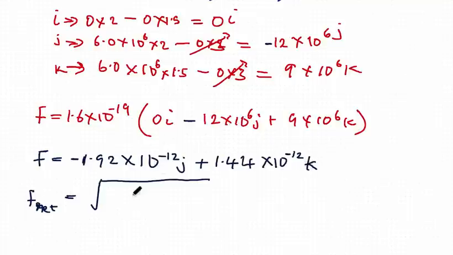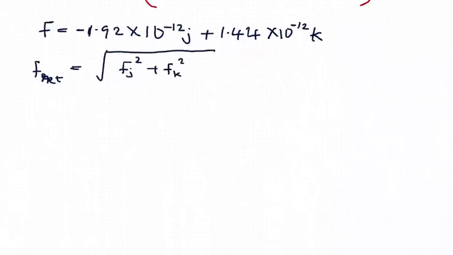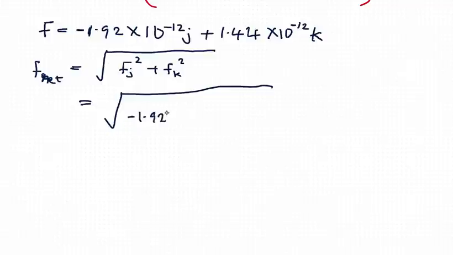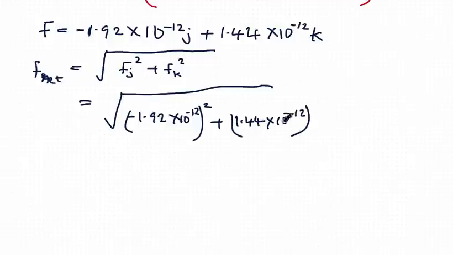So for us to find the net force, we can say Fj squared plus Fk squared. So the net force is equal to the square root of minus 1.92 times 10 power minus 12 squared plus 1.44 times 10 power minus 12 squared.